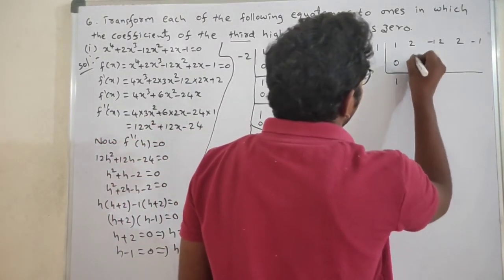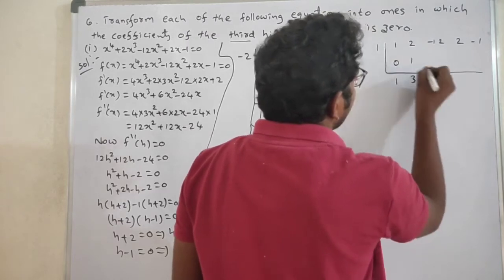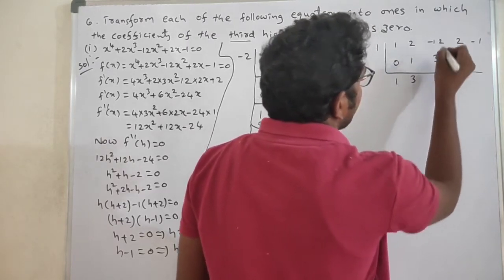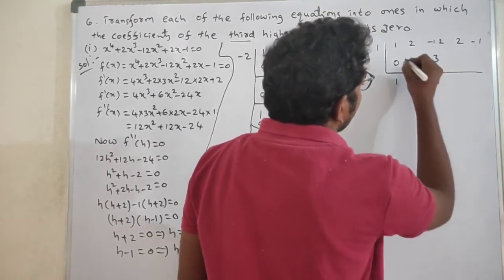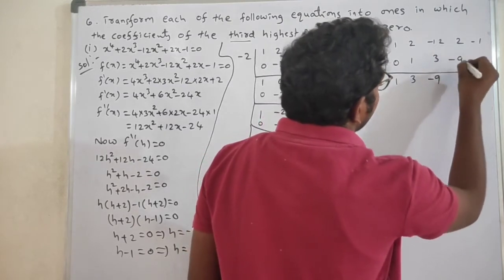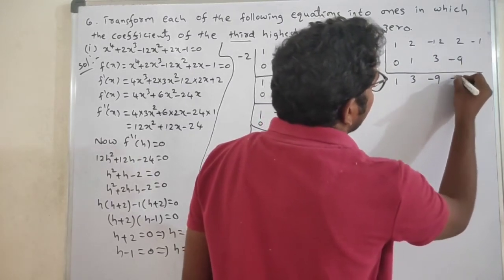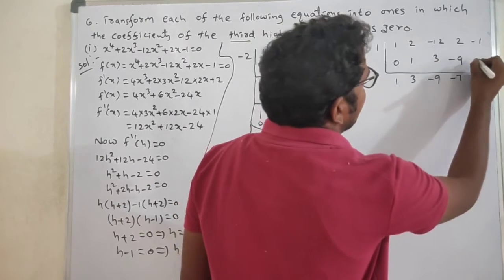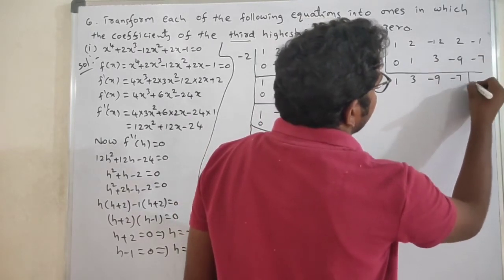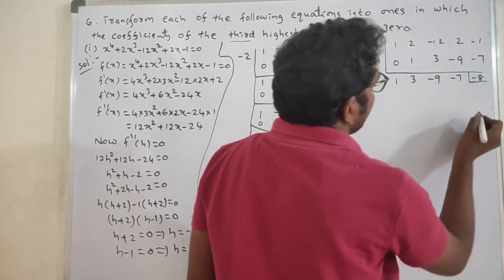1 1 is 1, 2 plus 1 is 3, 1 3 is 3, minus 12 plus 3 is minus 9, 1 into minus 9 is minus 9. Minus 2 plus 7... minus 7, 1 into minus 7 is minus 7, minus 7 minus... minus 8.